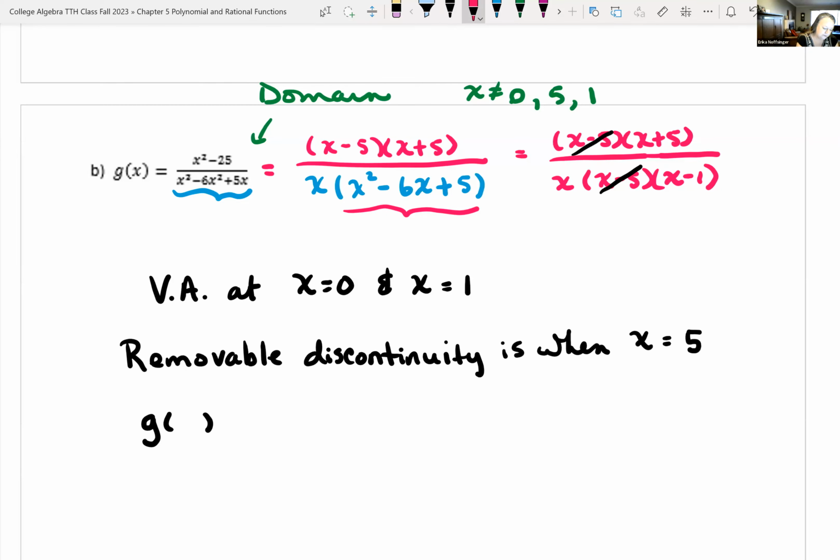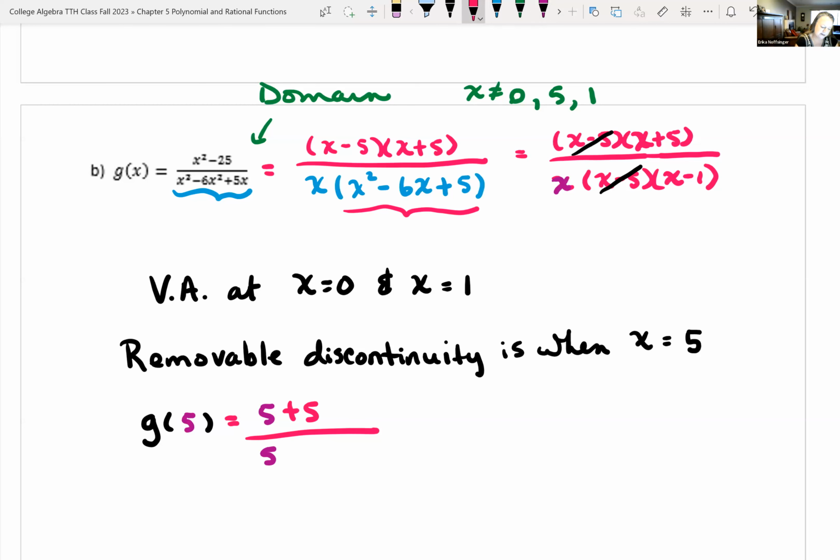g of x. And let's plug that in wherever we saw an x remaining in our function. So we have an x remaining here. So we have 5 plus 5 in our numerator, all over, I see an x here. So I'm going to replace it with 5.